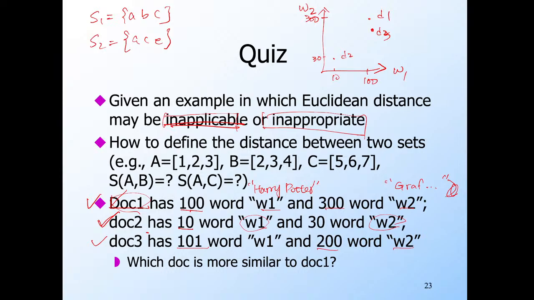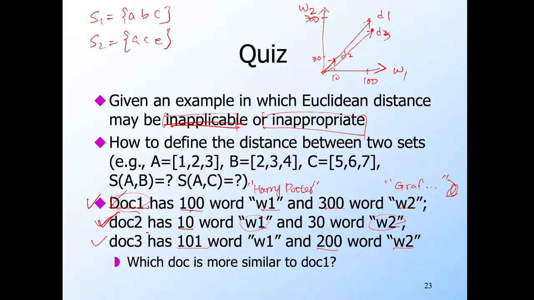However, if you use the cosine distance, then doc 1 would be like this, doc 2 will be like this, and doc 3 will be like this. You can see that the angle between doc 1 and doc 2 is 0, so they are very, very close. If we use the cosine similarity, then doc 2 is closer to doc 1.